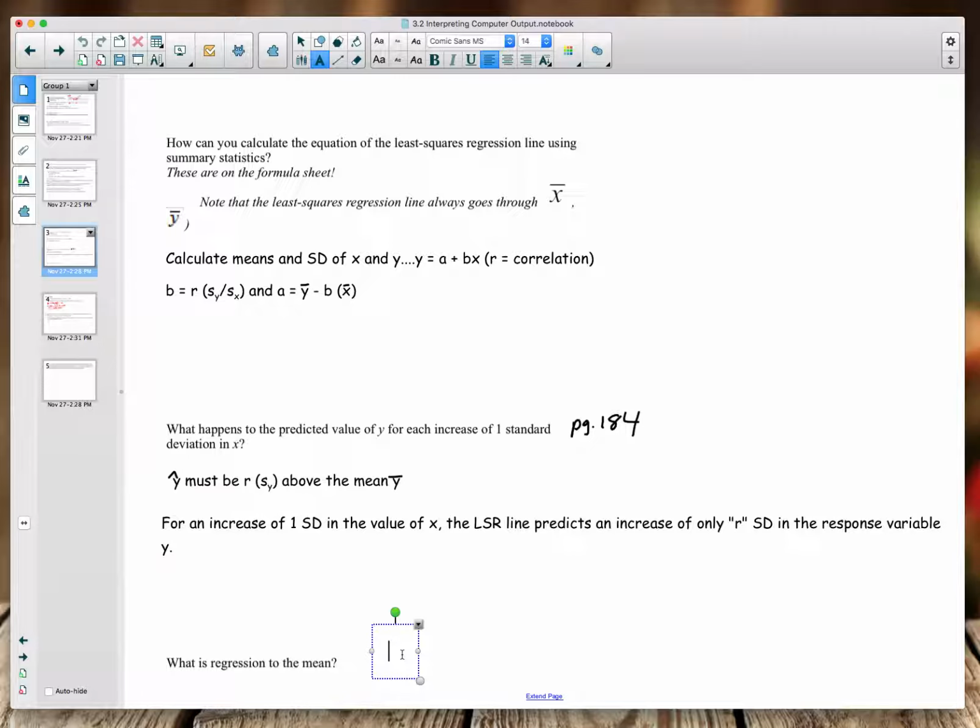Let's see here. Another way to think about that is, if you think about the first 2 tests that you took, typically the students who did really good on the first test will maybe score a little bit lower on their second test because they're getting closer to the mean of the class, and vice versa.